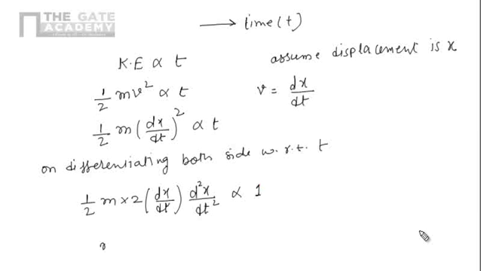So I am getting m dx by dt d square x by dt square proportional to 1.